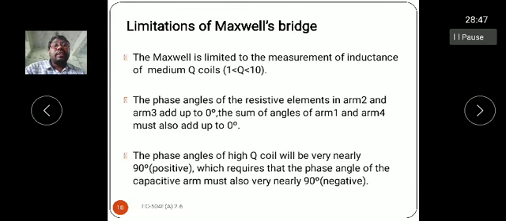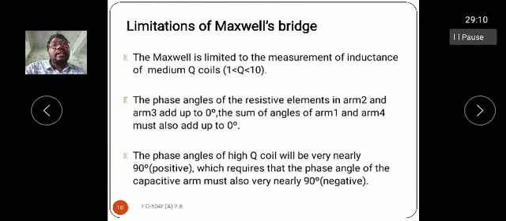Here also we have the resistive element. These two angles add up to 0 degrees. The sum of the angles of arm 1, that is the known impedance, and arm 4, the variable impedance R4, must also add up to 0 degrees.